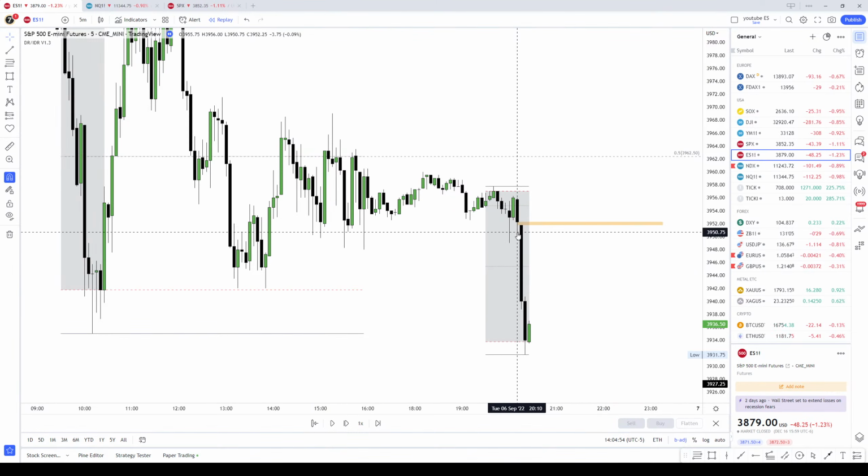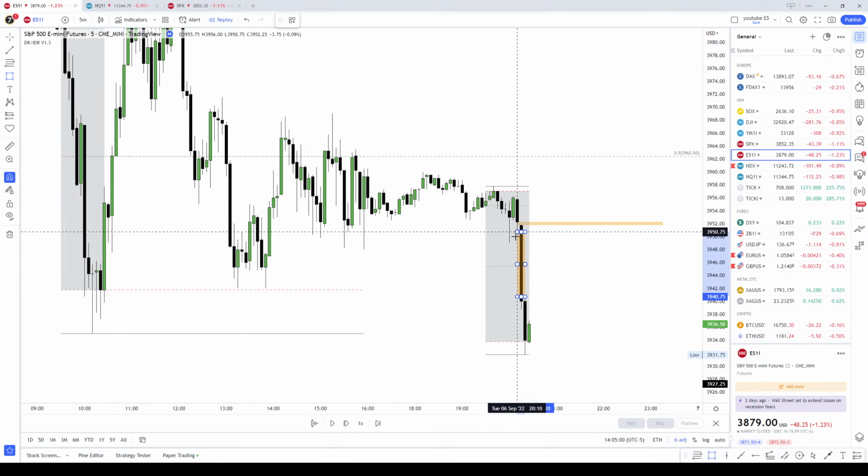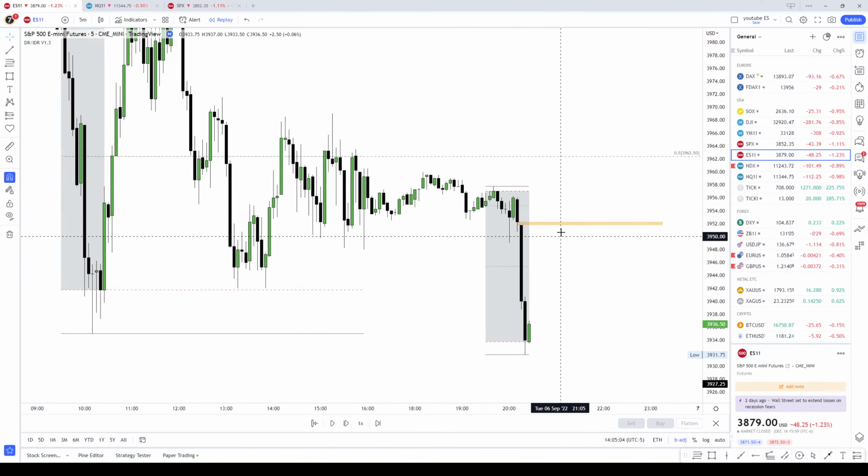We have a big volume imbalance over here. So that's also the reason why I would not consider entering a short in this big fair value gap, because I would think that the market is closing this volume imbalance before it's going anywhere else.